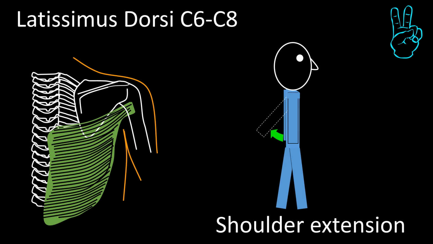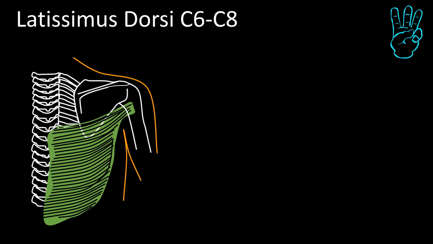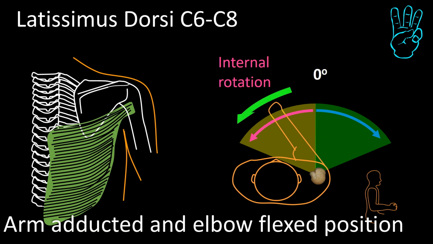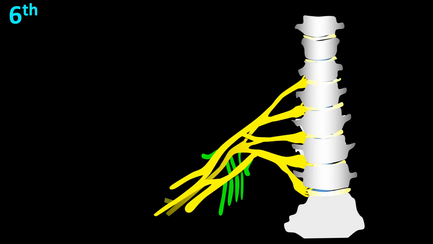That is the one function, more than any other, that has earned it its Pig Latin name of arrasca ani. And the third action of the latissimus dorsi, from arm abducted, elbow flexed and forearm forward extended position, is internal rotation of the shoulder.